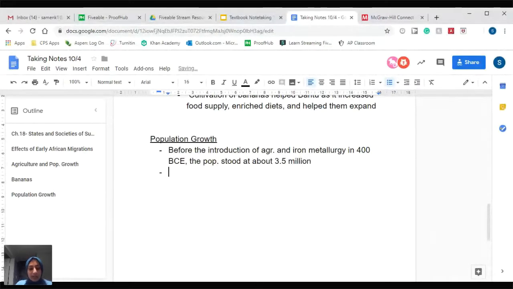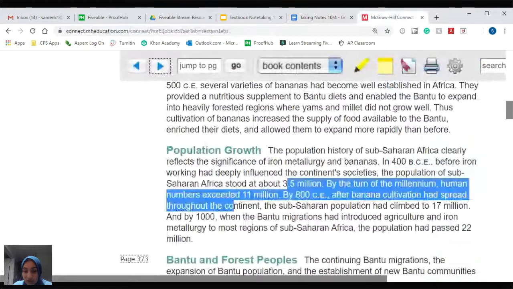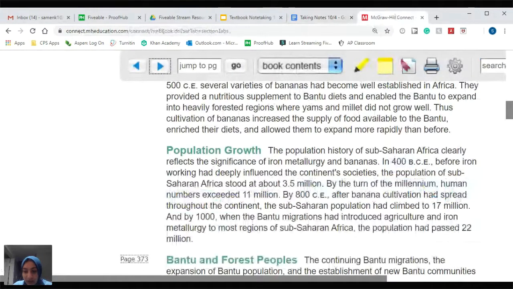And then we could say, however, as time went on, eventually, let me see what it says. Turn of the century, banana cultivation spread.